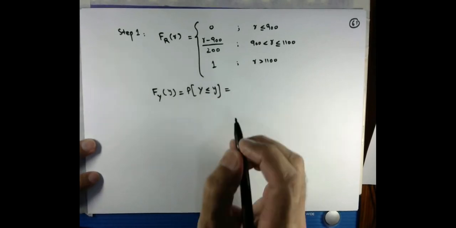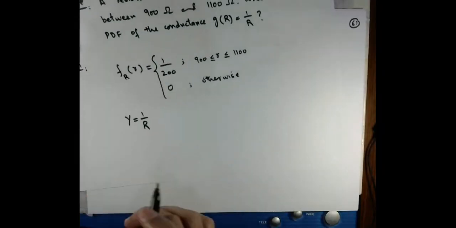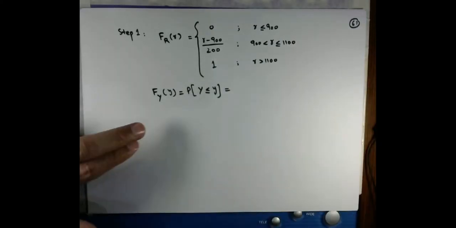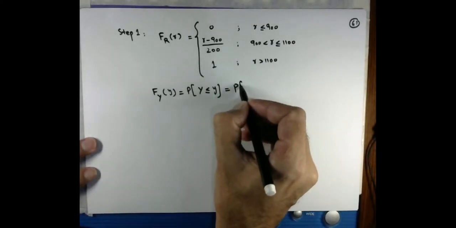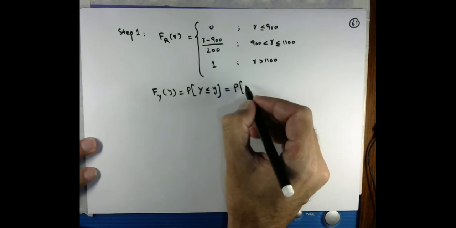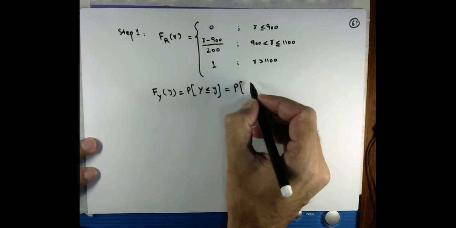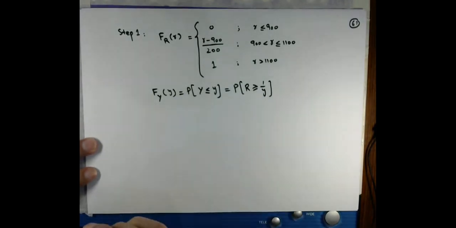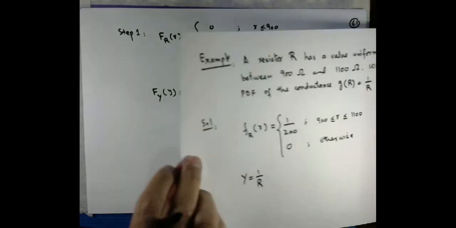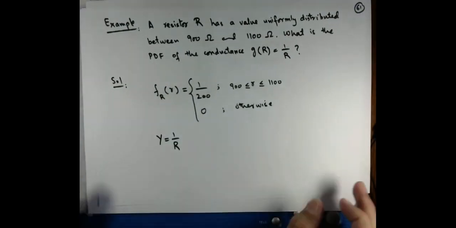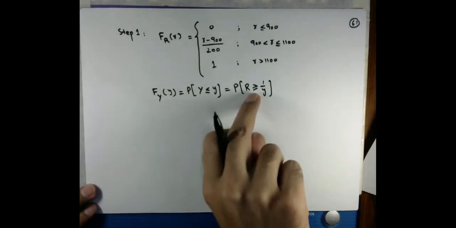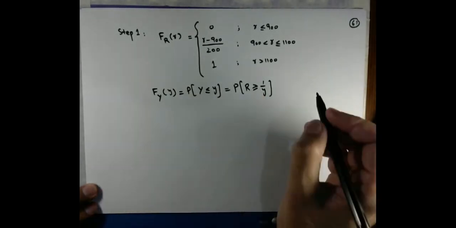And if you now replace the functional relation between r and y, we can write this as the probability that r is greater than or equal to 1 over y. Remember, we have replaced y with 1 over r, and when we write it as r, the inequality reverses.